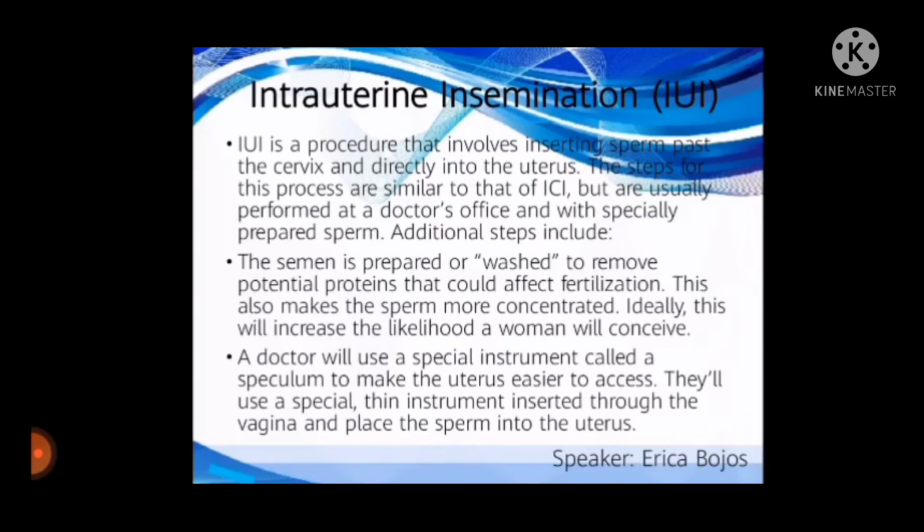This also makes the sperm more concentrated. Ideally, this will increase the likelihood a woman will conceive. A doctor will use a special instrument called a speculum to make the uterus easier to access. They will use a special thin instrument inserted through the vagina and place the sperm into the uterus.